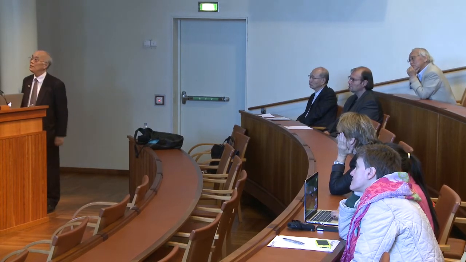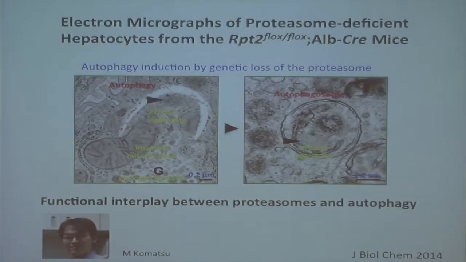However, we found that proteasome and autophagy are highly related. Recently, we made liver-specific proteasome-deficient mice. As you can see, in this case, protein aggregates formed like this, and this is perhaps non-functional mitochondria.